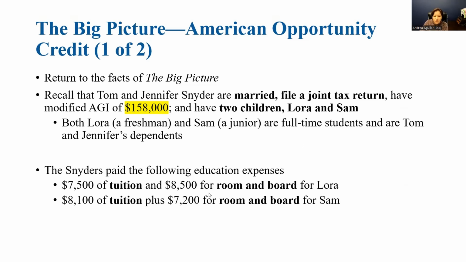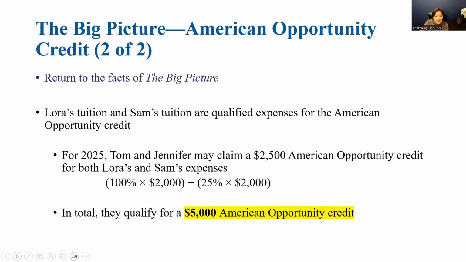You already know that you can ignore the expenses incurred for room and board, right? Okay, perfect. Laura's tuition and Sam's tuition are qualified expenses for the American Opportunity Credit. For 2025, Tom and Jennifer may claim a $2,500 American Opportunity Credit for both Laura's and Sam's expenses.